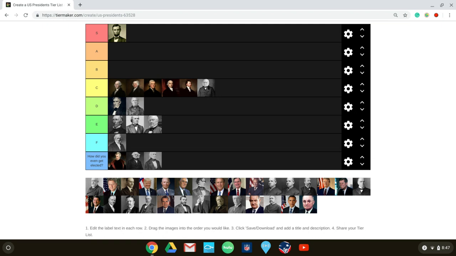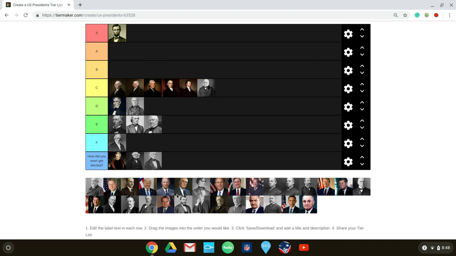The capital of the Union, the Confederacy, may have taken over. It may have been deeply demoralizing, if not fatal for the Union Army had he not done that, even though he did technically suspend habeas corpus, which is a questionable move, but still, I think maybe for good reason. So S tier. Next, Andrew Johnson.